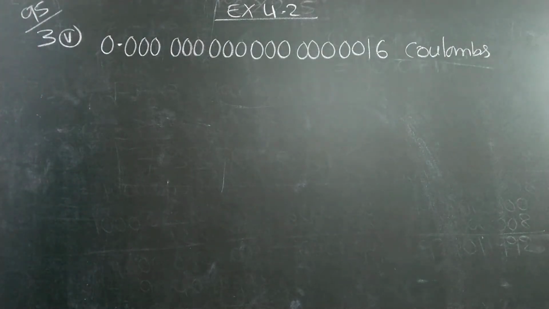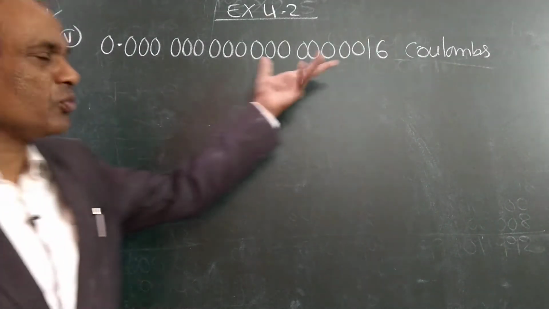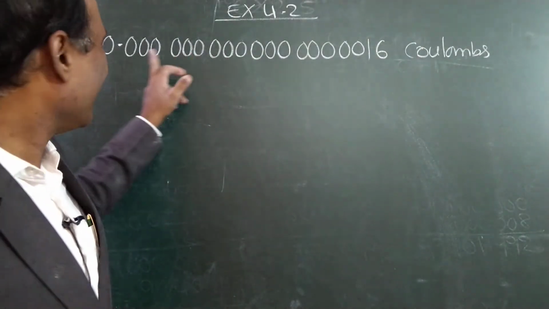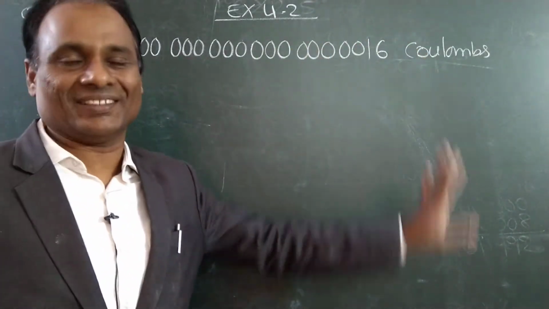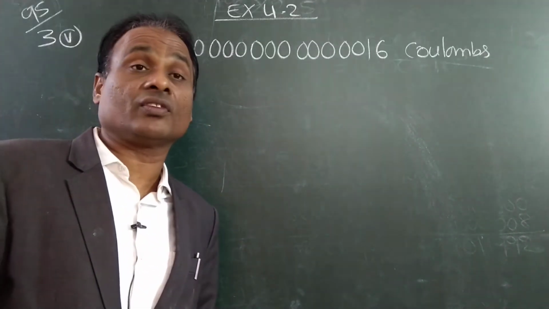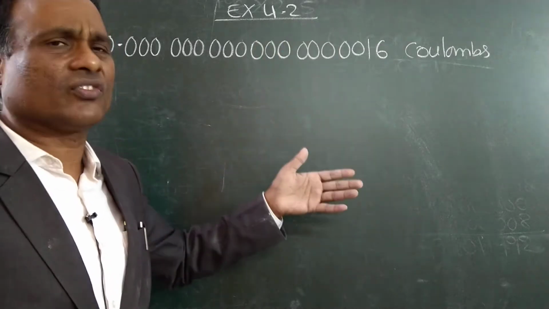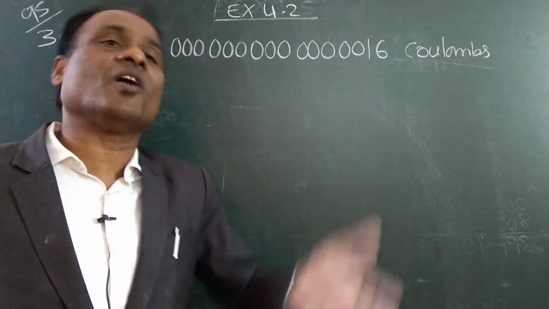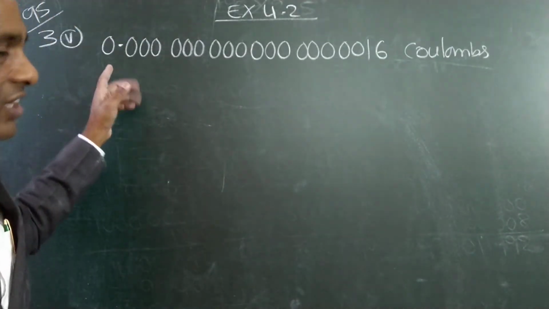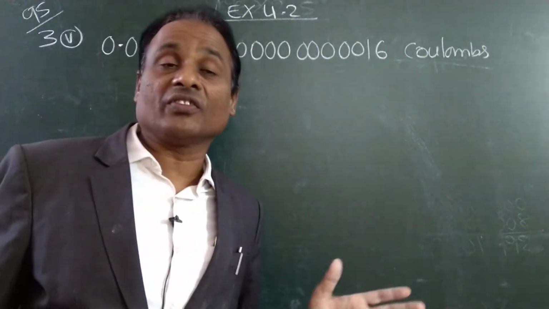Write it in the standard form, because wherever you write this much big number, actually it is a small number, but lengthy. This type of lengthy number we can't keep repeating.